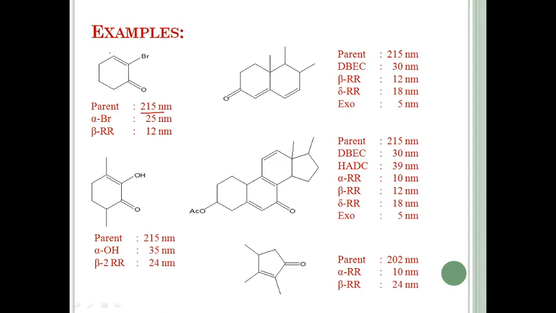So first one is selecting the parent system. Once we select the parent system, now let us see the substituents, alpha portion and this is the beta portion.